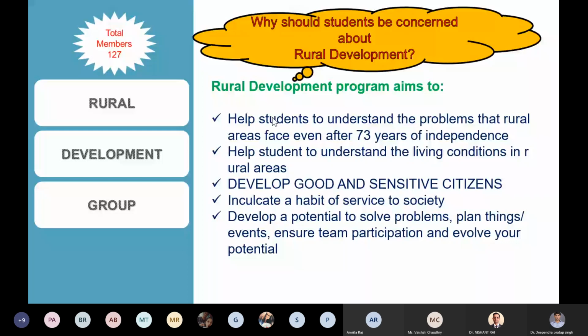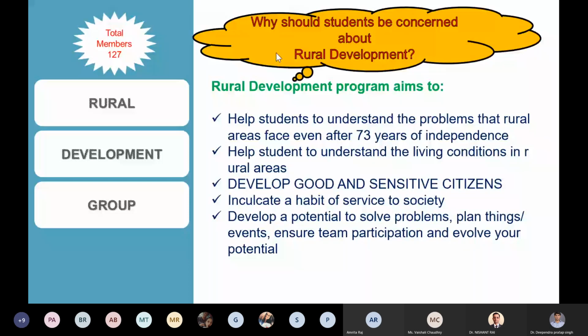You can listen to the problems of the villagers, such as the problems they are having in the fields, and things that are happening due to climate change. Once you know the problem, then you can develop something. So this was the basic propaganda of this rural development group.